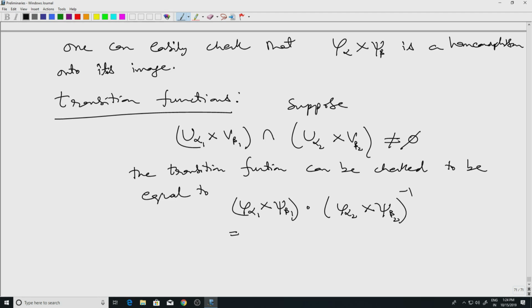And the way these maps are defined, it's just phi alpha 1 composed with phi alpha 2 inverse, comma, or rather let me just act it on a point (x, y).